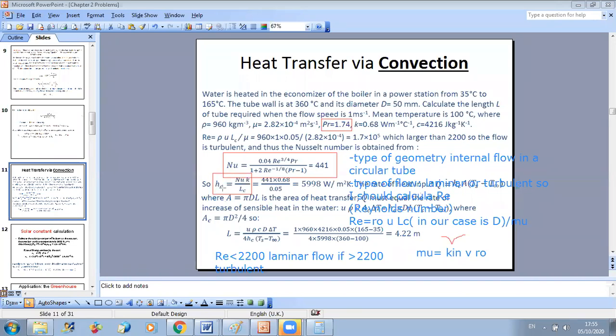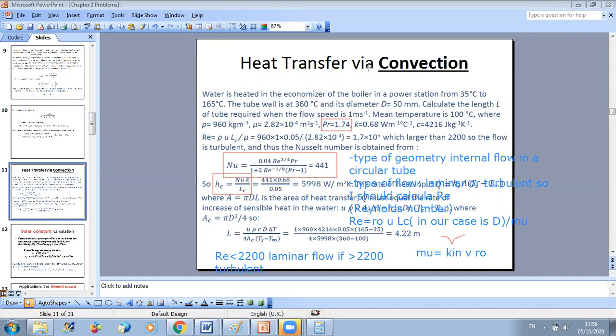The convective coefficient is simply the Nusselt number times the conductivity over the characteristic length, which, because we are in the case of a circular tube, is the diameter. I replace, and K is given, I get h. Once I get h, I can replace into the convective expression, and I get now my convective flux. I am done with my convective flux.